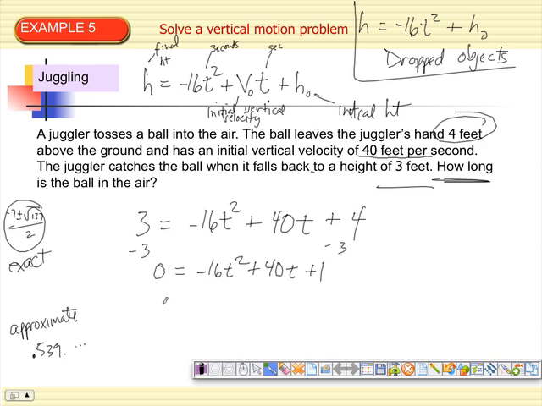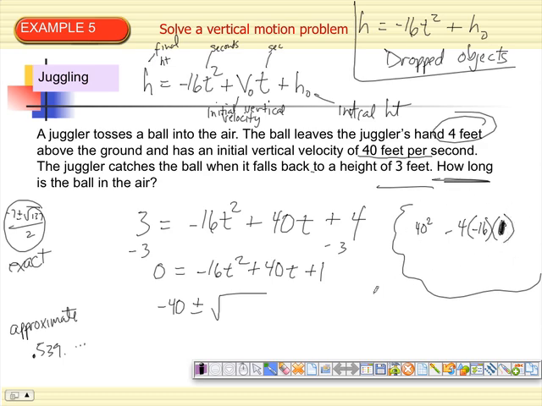All right, here we go. Quadratic formula, negative b plus or minus square root of b squared, which is 40 squared, minus 4 times a, which is negative 16, times c, which is 1.